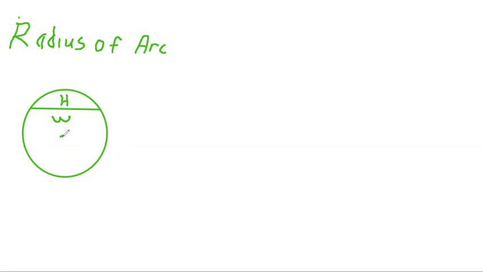We're trying to find the radius R of the circle that would create this arc, okay? And we want the radius. It obviously has to be in terms of H and W. R has to be a function of H and W for this to make any sense.